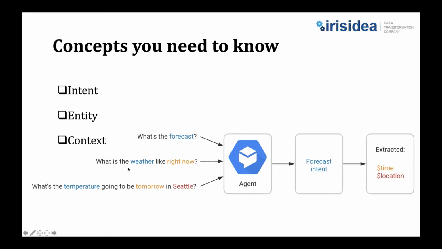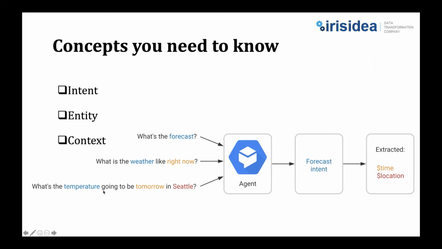Forecast, weather, and temperature are, you can say, different words, but they are not entities. Why? Because they are written in a sentence, and there is nothing in weather that you can extract. Weather means weather. If you change weather to temperature, does it change your answer?